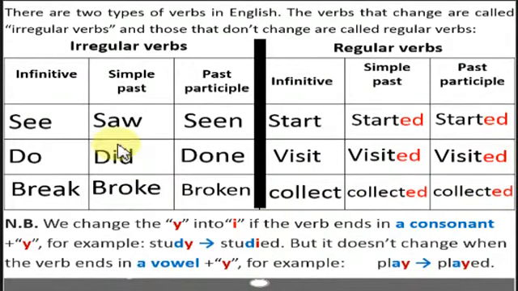So all the irregular verbs should be memorized. You should revise or memorize the list of irregular verbs that you have in order to be able to conjugate them in different tenses, because sometimes you are going to need to conjugate it in simple past, and sometimes in one of the perfect tenses, so you are going to need the past participle.